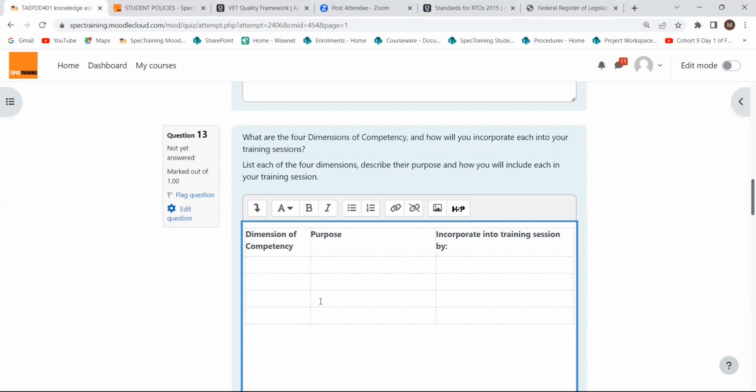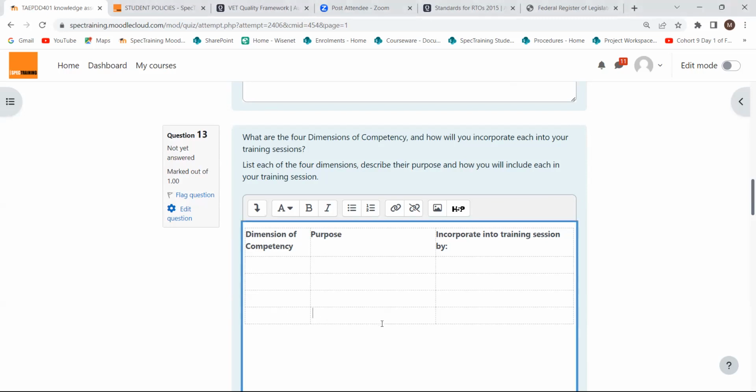Okay. Number 4 is job role or environment. The purpose of that would be making sure that a learner can do the task in multiple different environments. And how do we incorporate that in training?